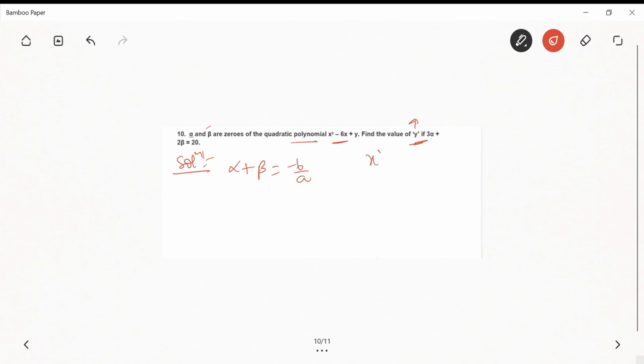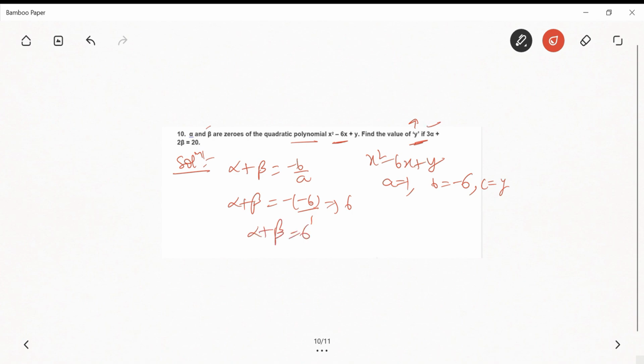From the given equation, we have a is equal to 1, b is equal to minus 6, and c is equal to y. So alpha plus beta is equal to minus minus 6 by 1. So you will get 6. So this is your first equation, alpha plus beta is equal to 6.